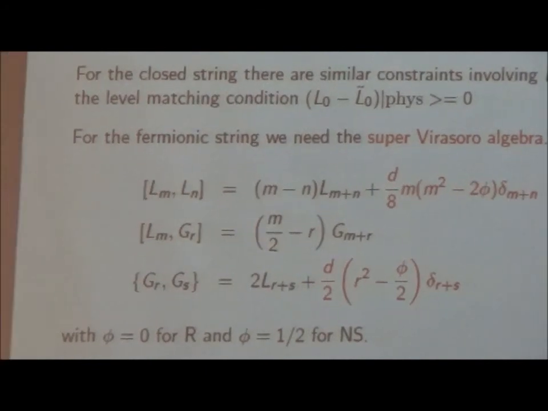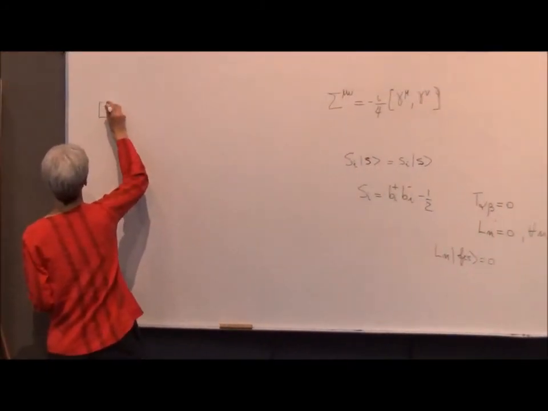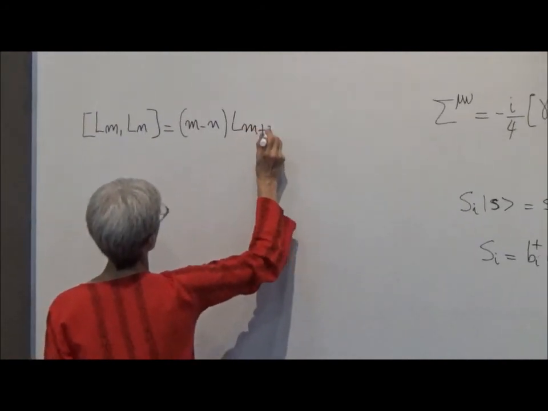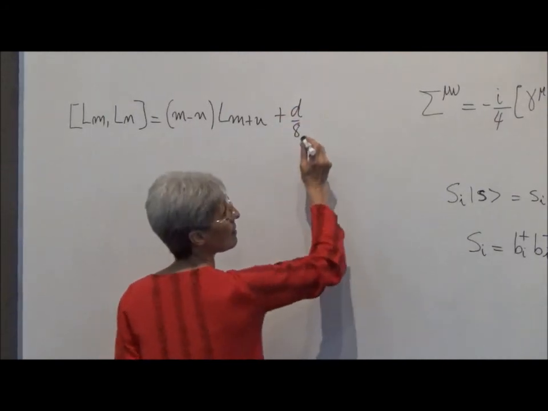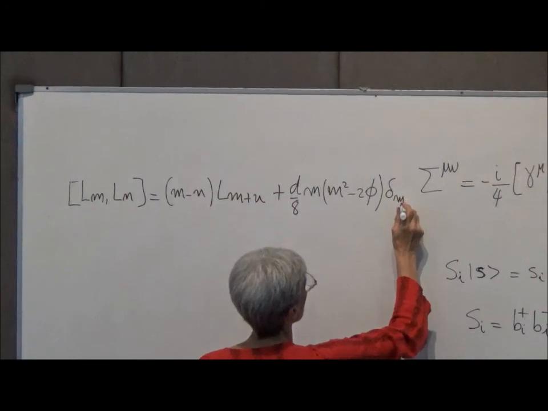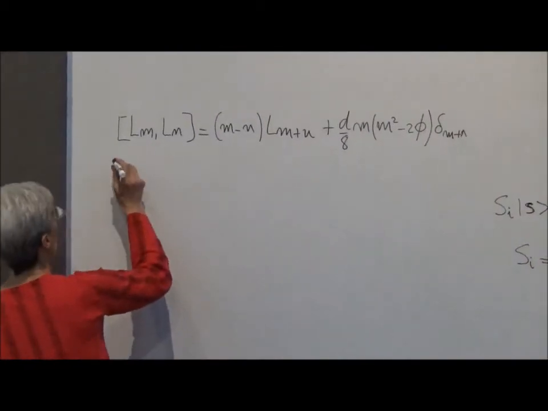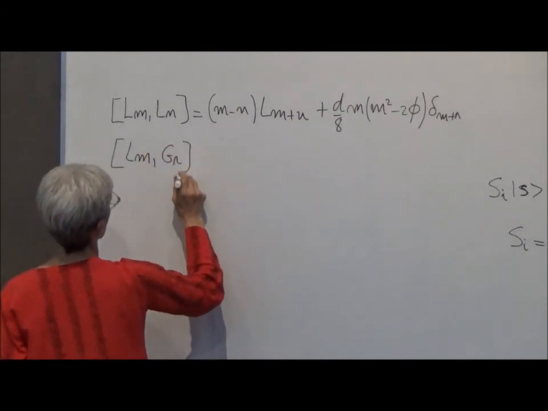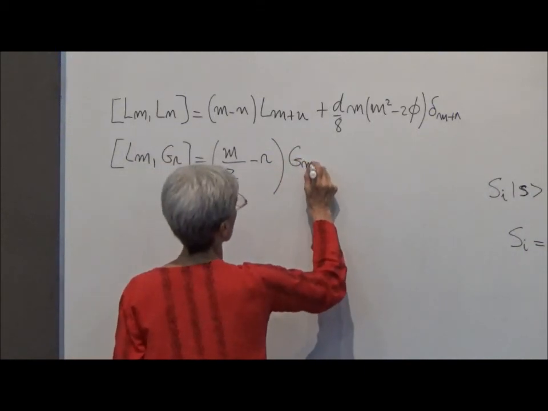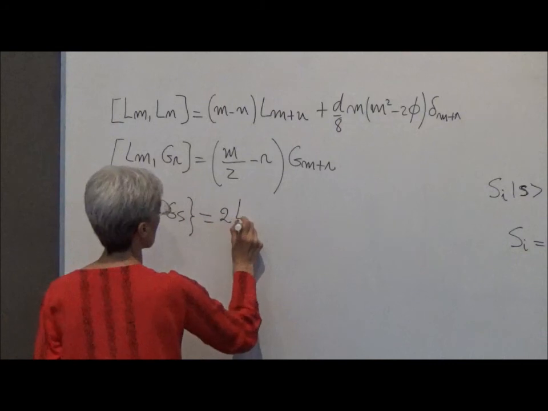So let me finish by writing the superconformal algebra, which will determine the spectrum of the theory. The supercurrent algebra also acquires an anomaly.